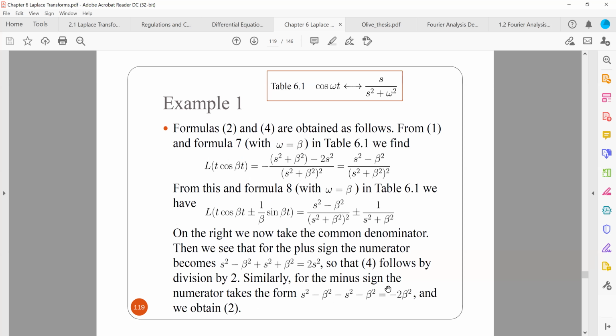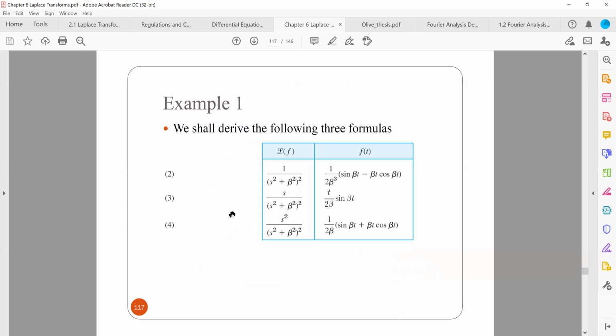If you divide by the 2 beta squared, the expression you get after subtracting is 2 beta squared over s squared plus beta squared squared. So to get rid of this term, you need to multiply by 1 over 2 beta squared, and you will end up with the desired expression, which will be t cos beta t.